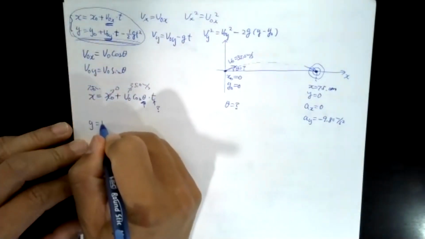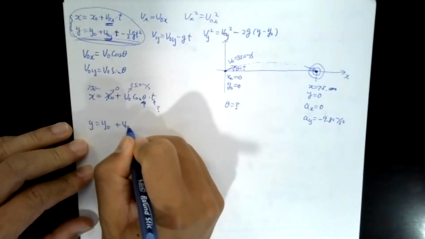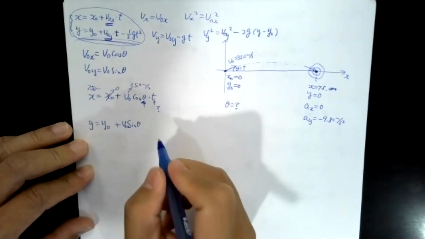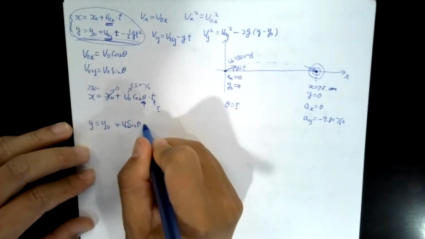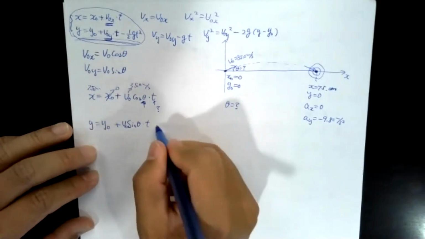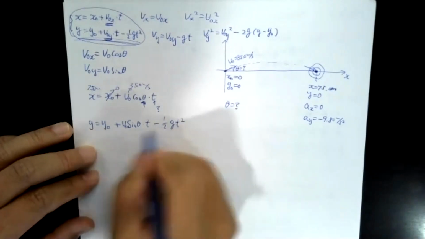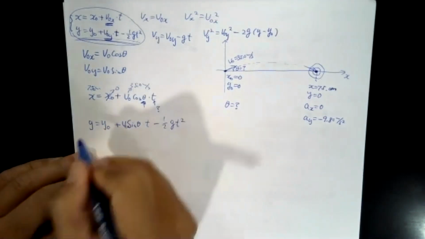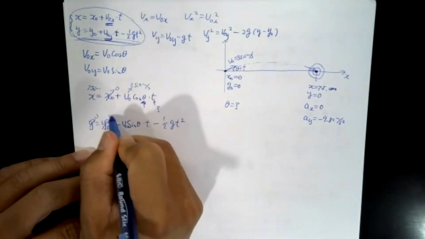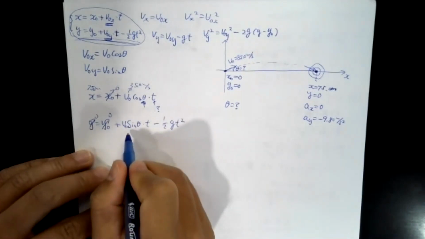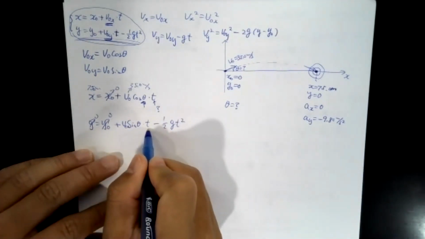So y equals y0 plus v0y, which is v0 sine theta, times t minus 1/2 g t squared. Okay, you examine this equation here. These two are zeros: y and y0 are 0. Then you can get rid of t as we did earlier.